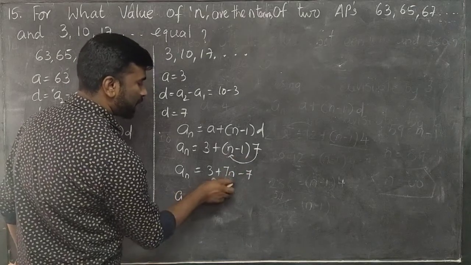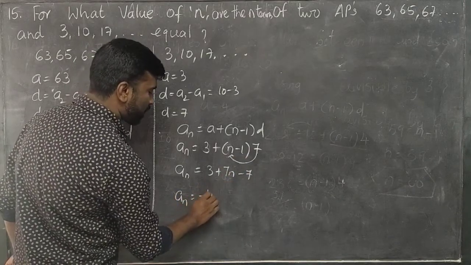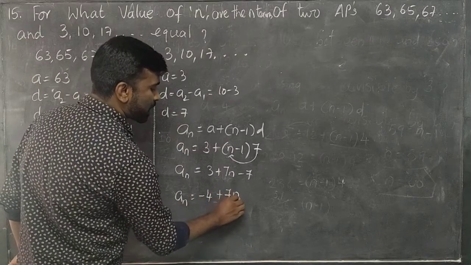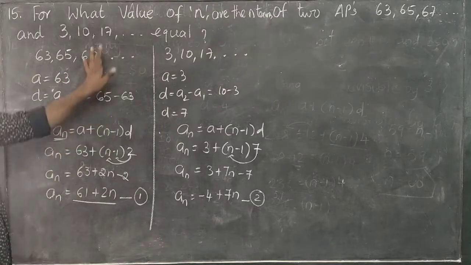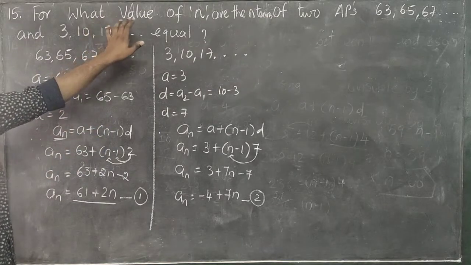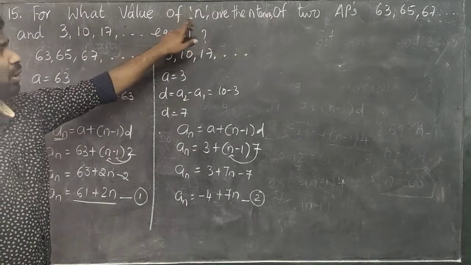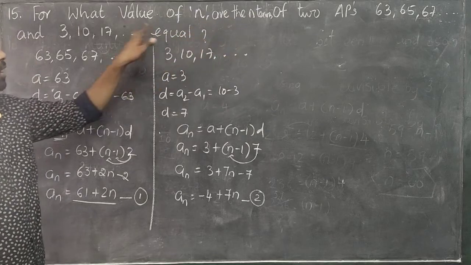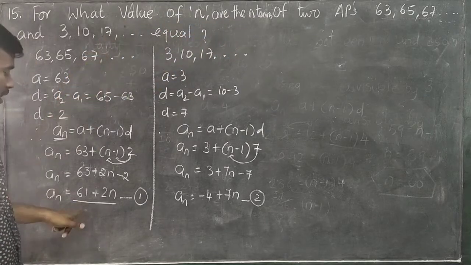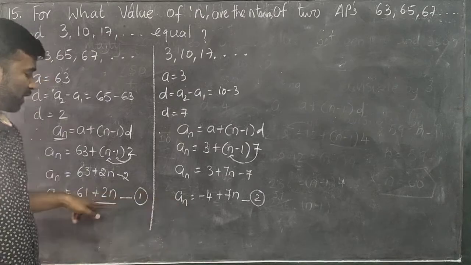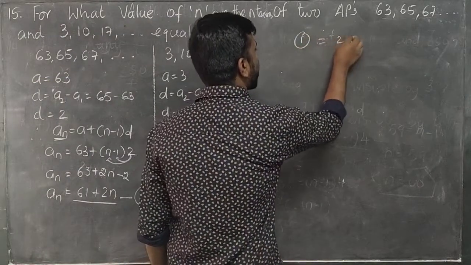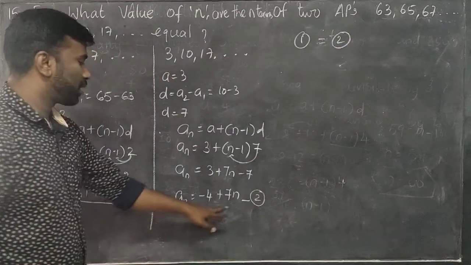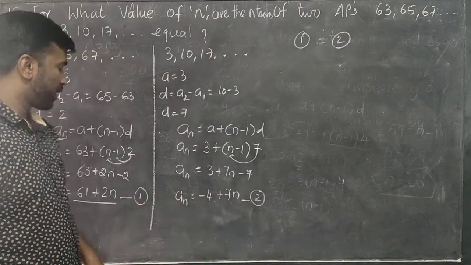An equals 3 minus 7 is minus 4, the remaining term is 7n. Taking this as equation 2. According to the question, the nth terms of these two APs are equal, so equation 1 will be equal to equation 2.